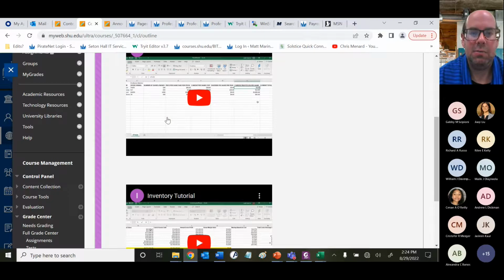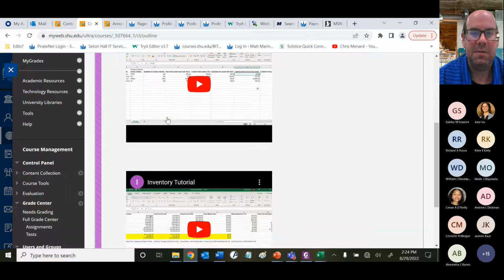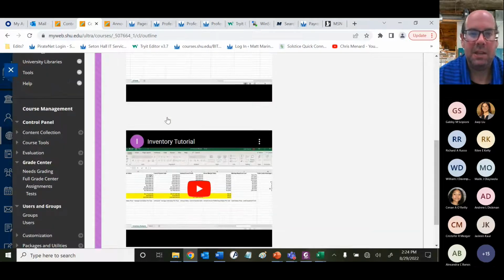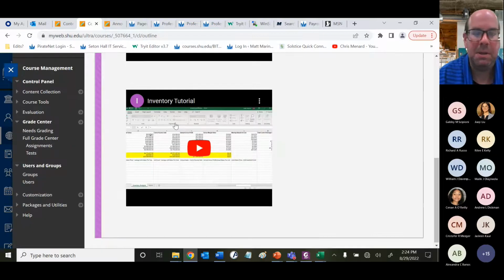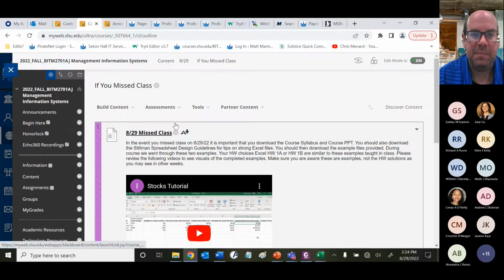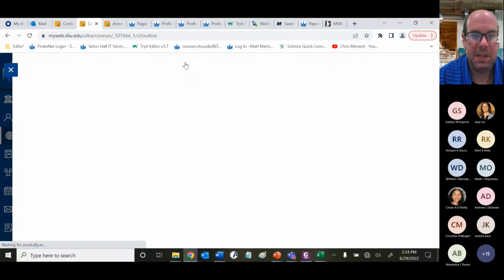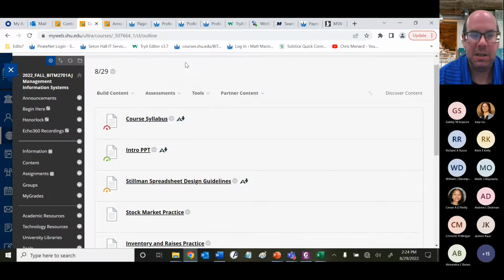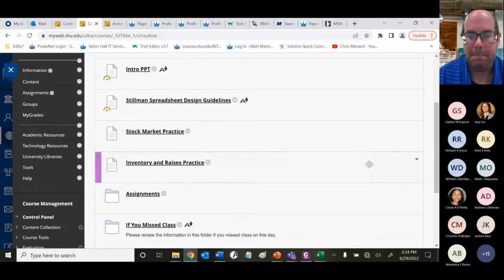So you can watch that right there if I go too fast for you. And then the inventory tutorial will probably be exactly the same as I go through for that example. So again, those are the in-course examples that are similar to the homework, but not exactly the same.